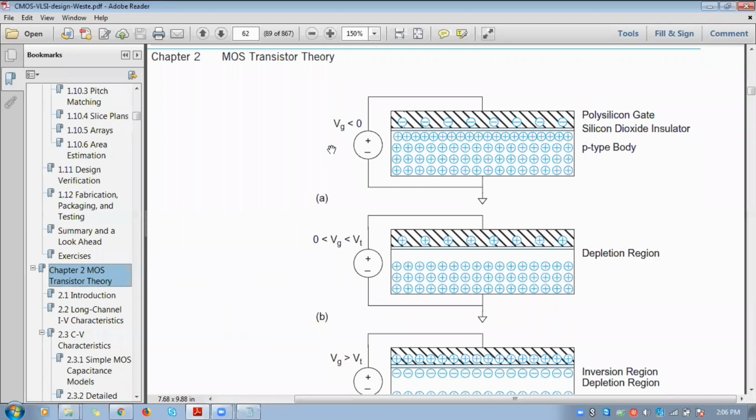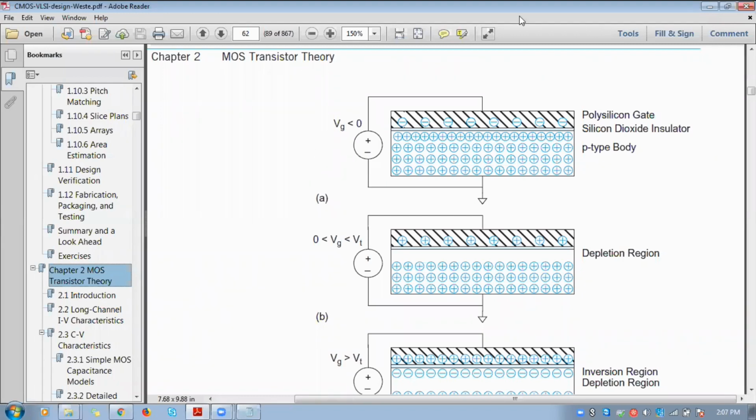In VLSI, we will be concentrating only on digital transistors. In the VLSI concept, we are going to make use of the cutoff region as well as the saturation region only for explaining the working of digital, whether combinational or sequential circuits.